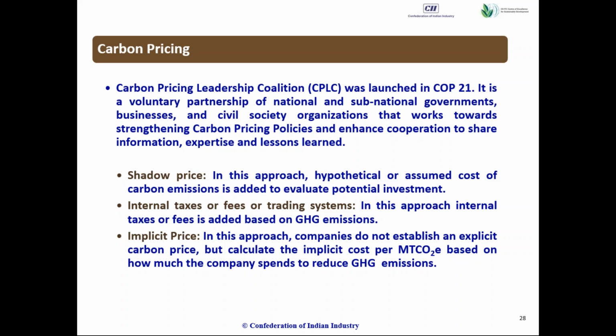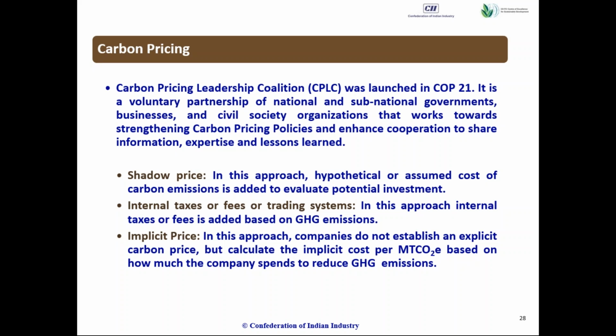So I will try to assume a cost of those GHG emissions that will be happening because of the steel plant. That cost I will add to the overall cost, and then I will calculate my return on investment. So this is a shadow price which is being used. It's very relevant and very important for companies to do this because companies actually need to do responsible business.